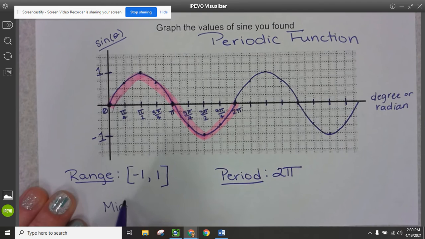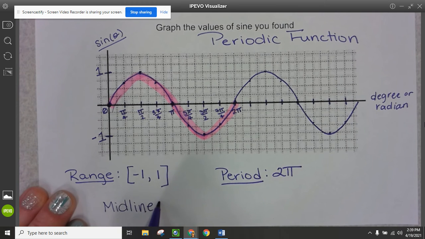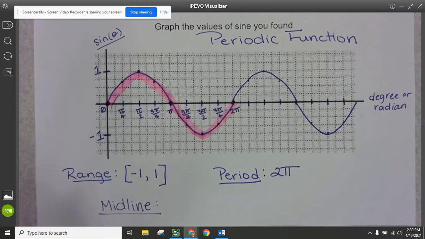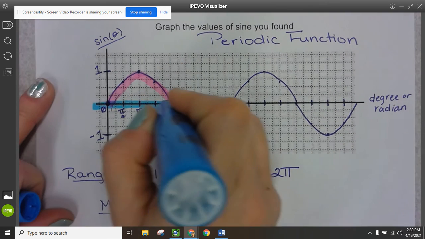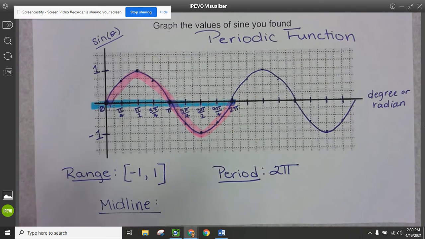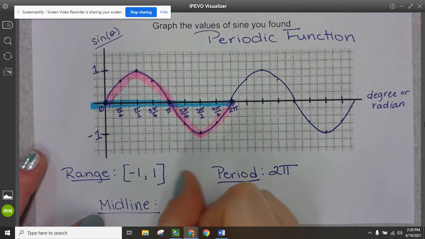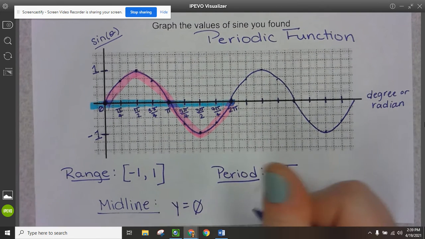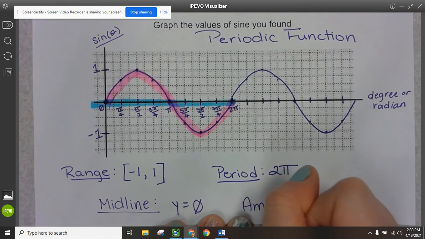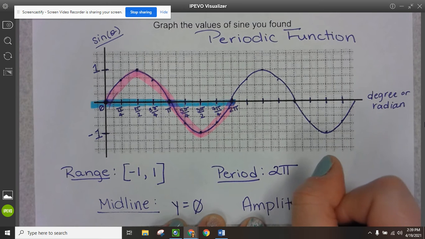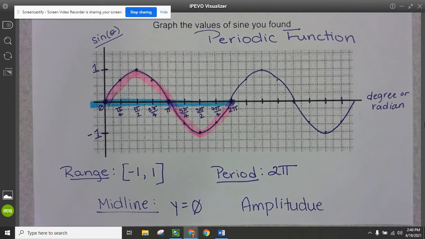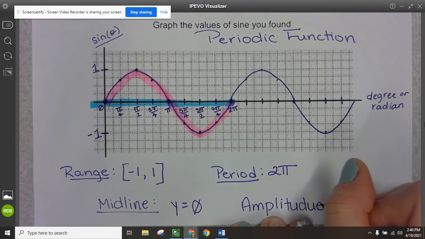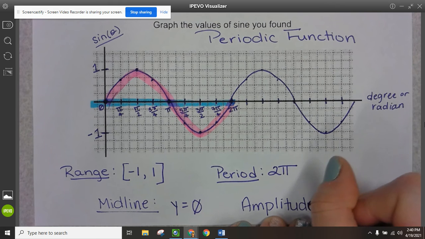Our midline, the thing that runs right through the center, is here. So that would be y equals 0. And our amplitude is how high above or below. Did I spell it right? Nope, I surely did not. But we'll just pretend it's fine.